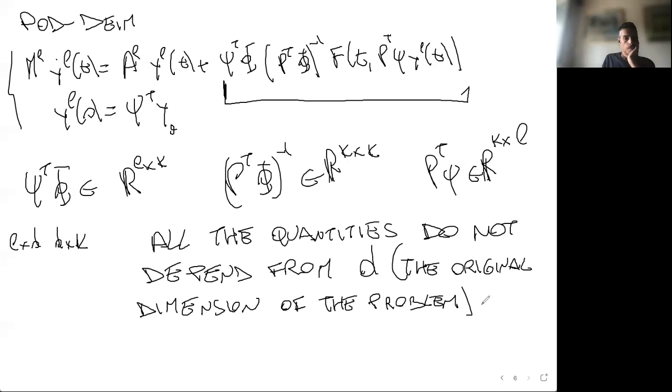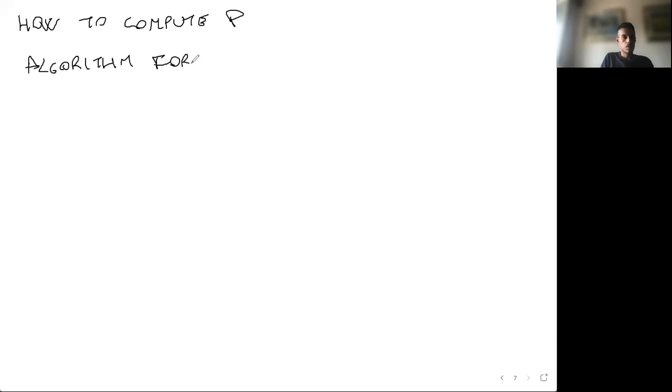Let's also check here. This is a vector in R^L. You never go to the original dimension. So we exactly get what we wanted, something which is completely independent from the high-dimensional problem. What I also want to mention is how to compute P. I can shortly give an algorithm for DEIM.